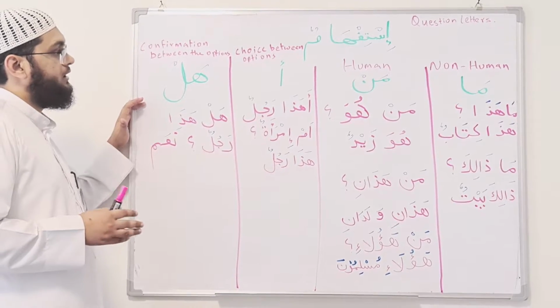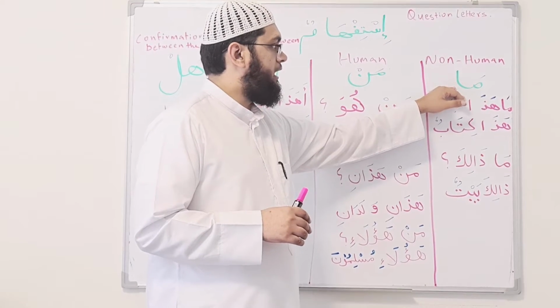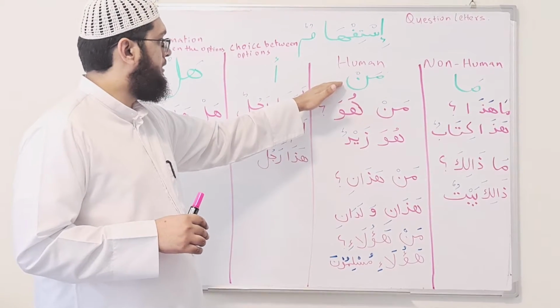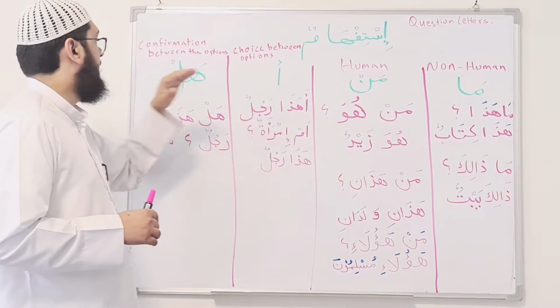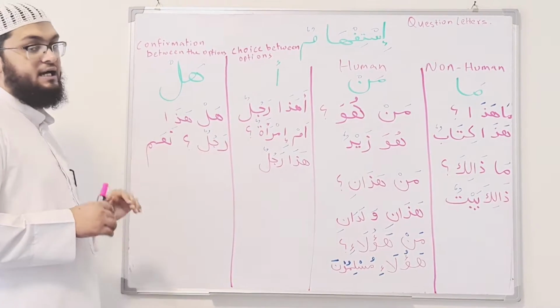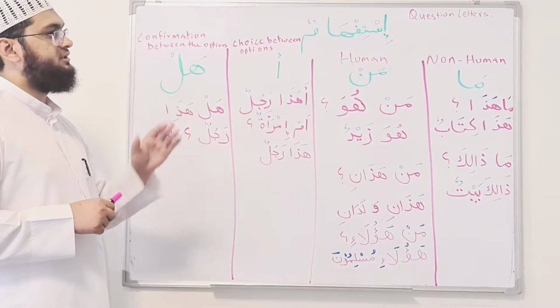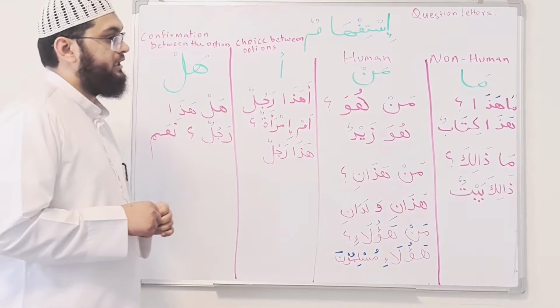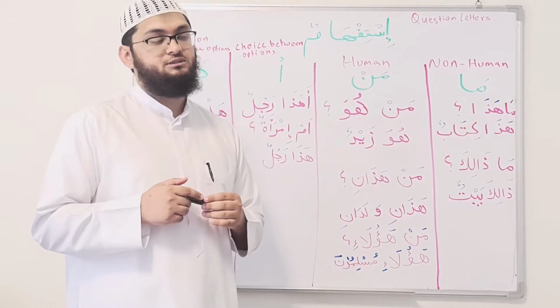Now, let me tell. The first one is ma, and the second one is man. The third one is with the hamza, and the fourth one is hal. Now, each one has a specific way to ask a question and gives a specific meaning when you ask it.